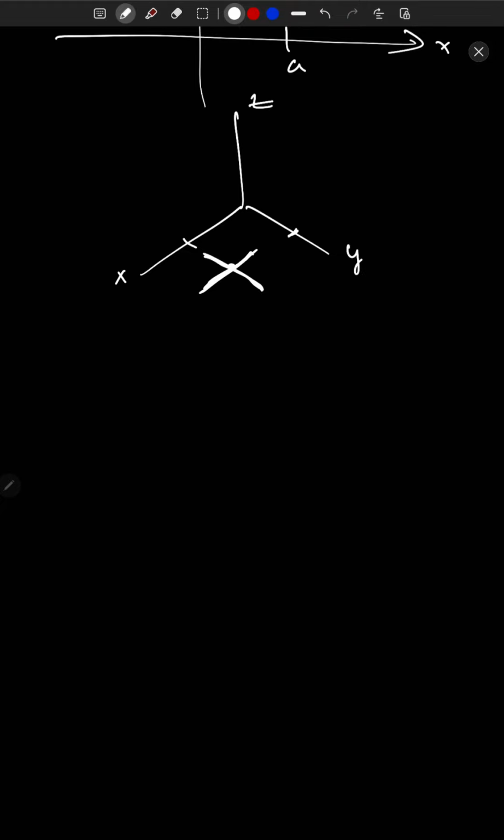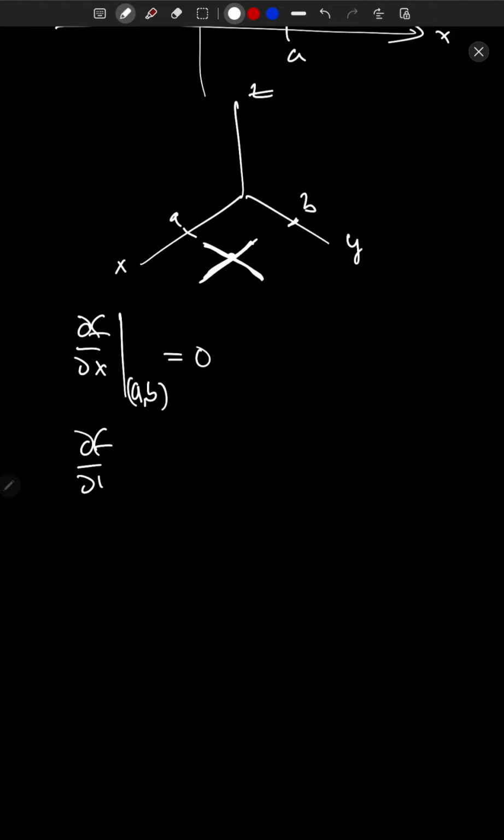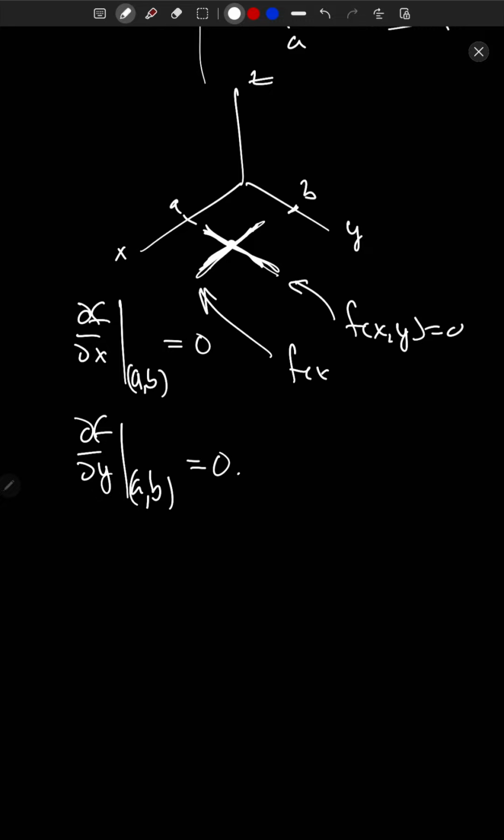And so df dx at a, b is just 0 because f is just a constant, right? df dy at a, b is equal to 0 as well, because again, my function is just constant here, with the value 0. So let me write f of x, y equals 0 on these two lines.